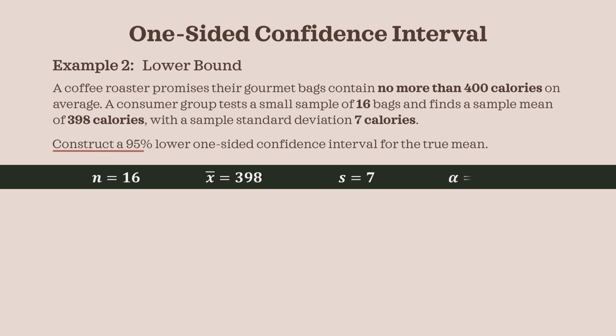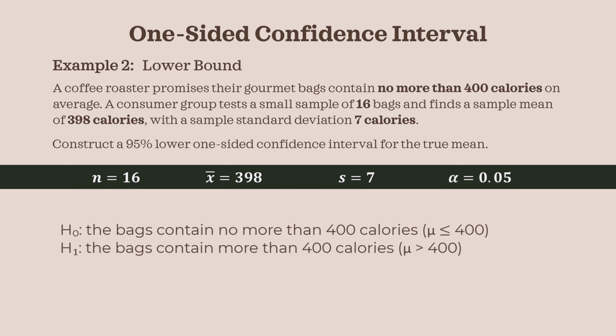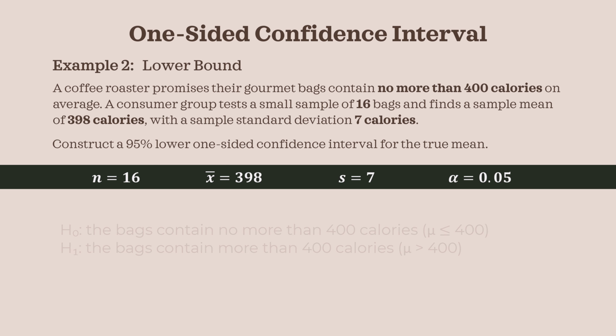We want to construct a 95% lower one-sided confidence interval for the true mean. In hypothesis testing language, we're asking, is there sufficient evidence to conclude that the true mean caloric content is more than 400 calories? Since the population standard deviation is unknown and the sample size n equals 16 is small, we will use the t distribution.